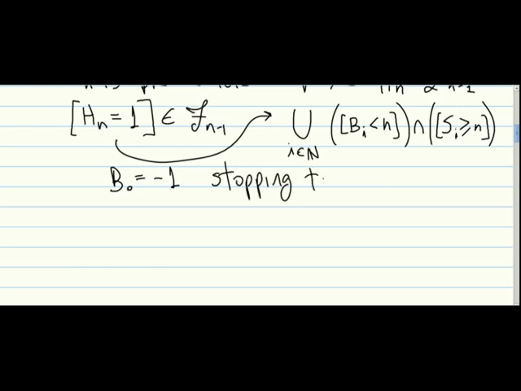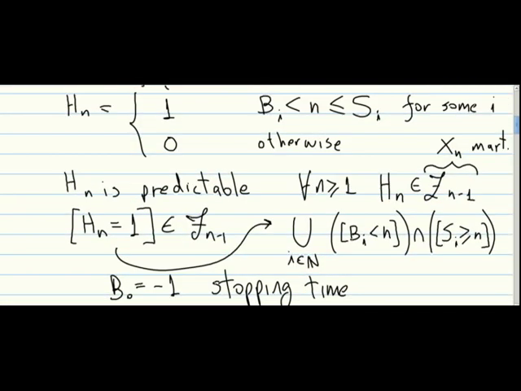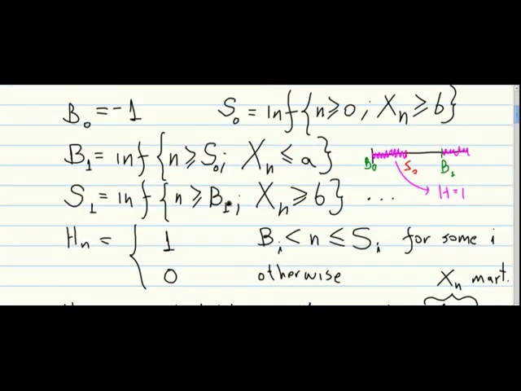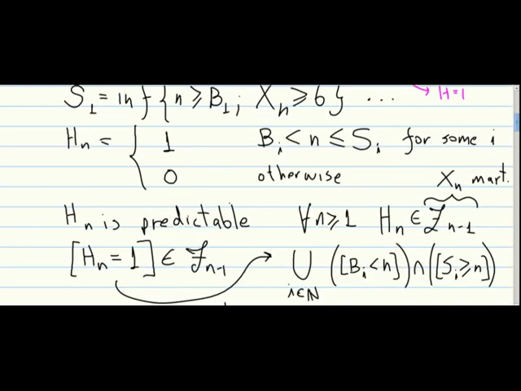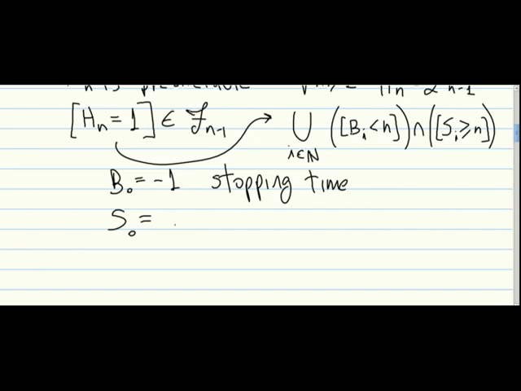We saw this already, right? And S0, if you remember, let's look back into the definition of S0. S0 is the first time that Xn is bigger or equal to b. So S0 is a hitting time. Therefore, it's a stopping time.